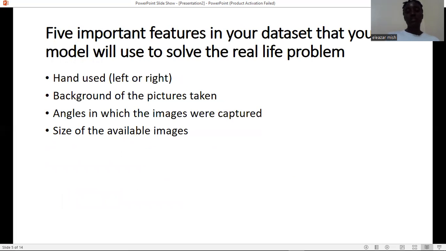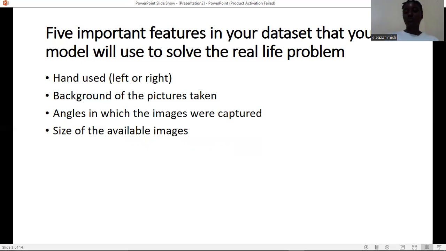A few important features in this data set that the AI model is going to use is the hand that was used. For example, when we are signing, we usually use our right hand. Then we considered the background of the pictures. Is it a black background? Is it a white background?